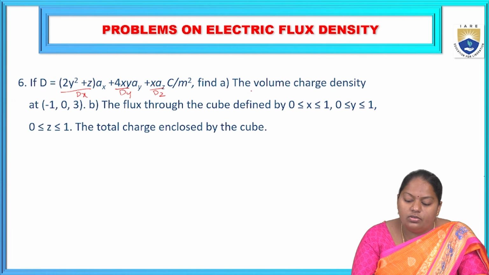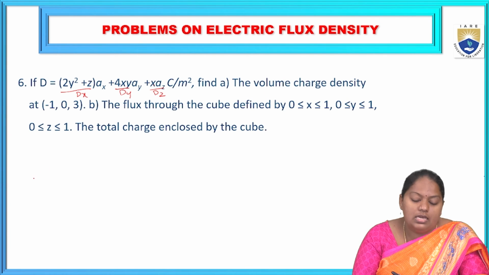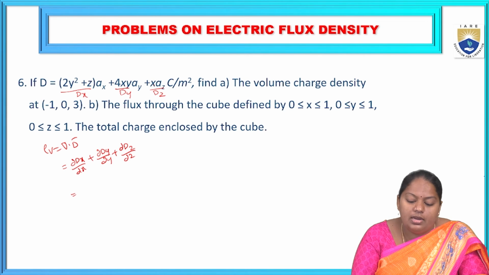So first, to find out the volume charge density, rho v equal to del dot D is the formula. That is dou Dx by dou x plus dou Dy by dou y plus dou Dz by dou z. Now Dx is 2y square plus z, Dy is 4xy, Dz is x.